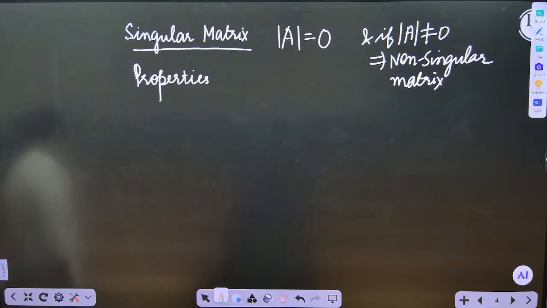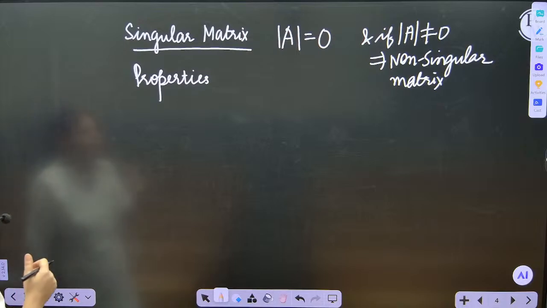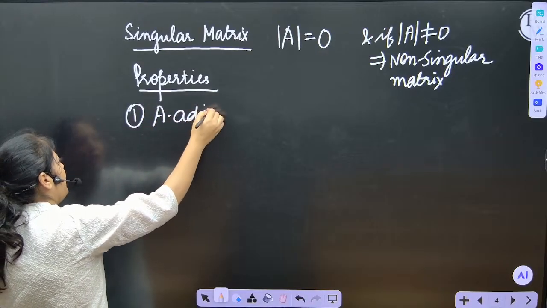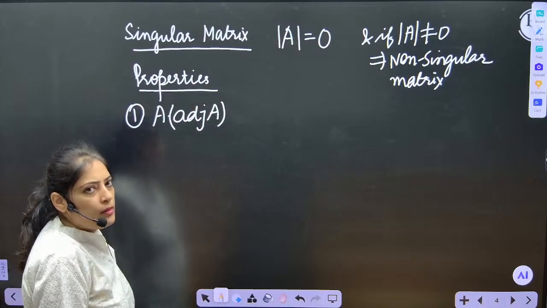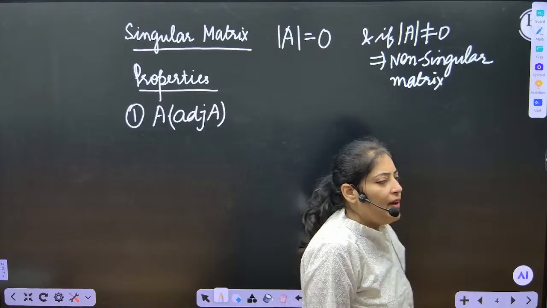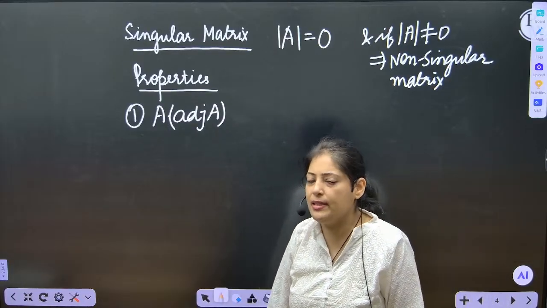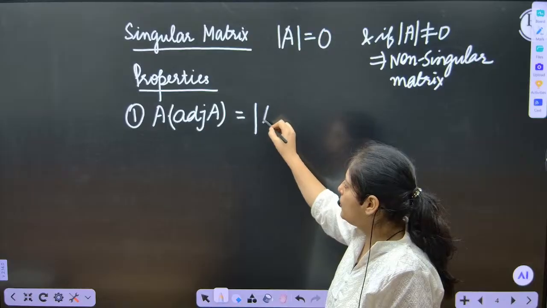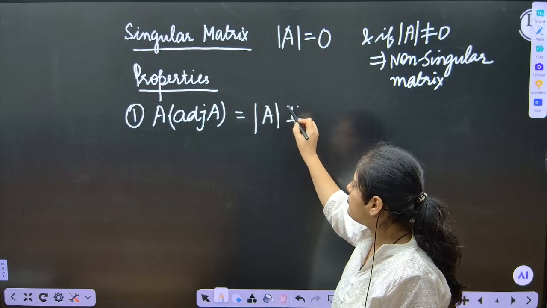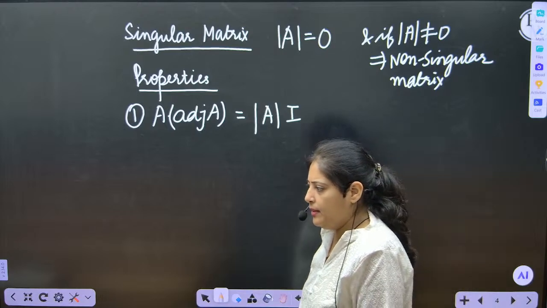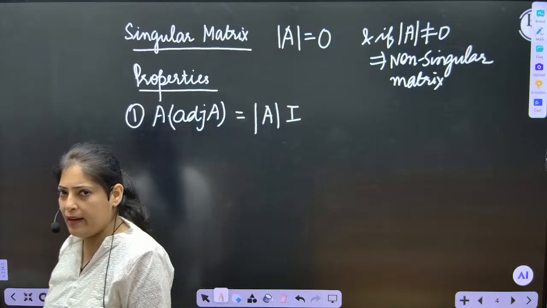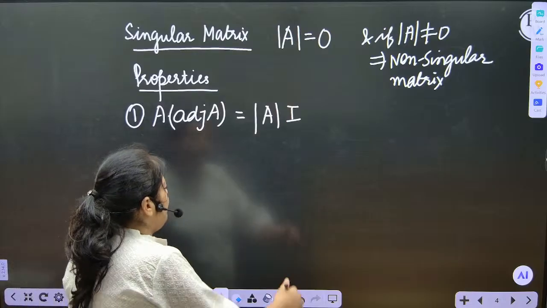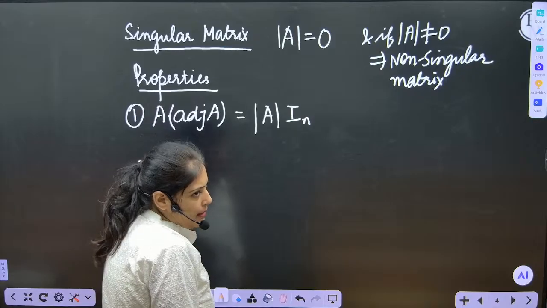Now properties. First property: A into adjoint of A. Any matrix, whenever you multiply it with its adjoint, it will always come out to be the determinant of A, which is there as a common scalar number, into the identity matrix, and of course identity matrix of order n.